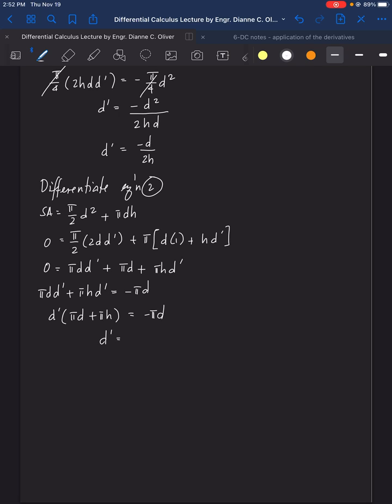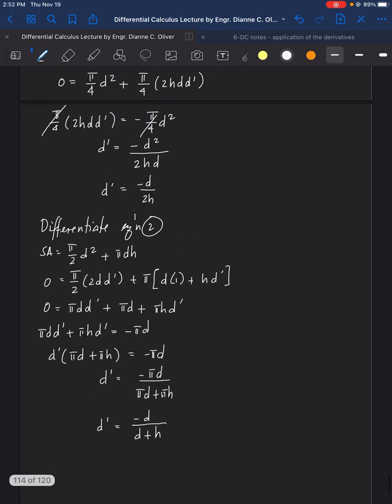Therefore, d prime is equal to negative pi d all over pi d plus pi h. You can actually cancel the pi here. So d prime is equal to negative d all over d plus h.